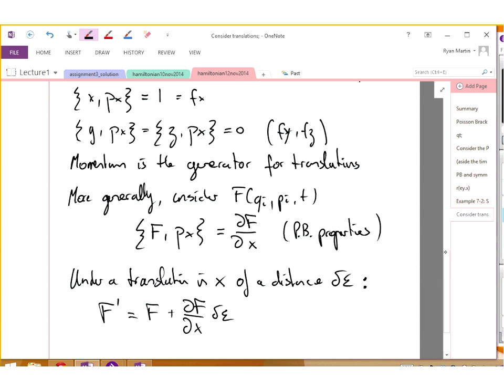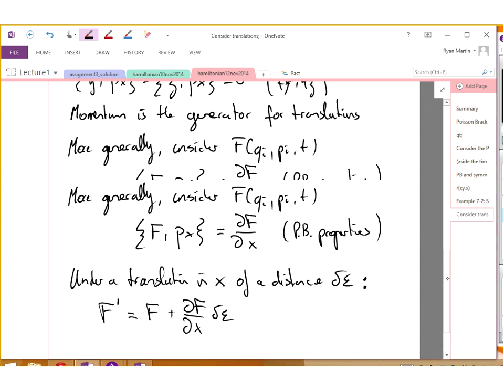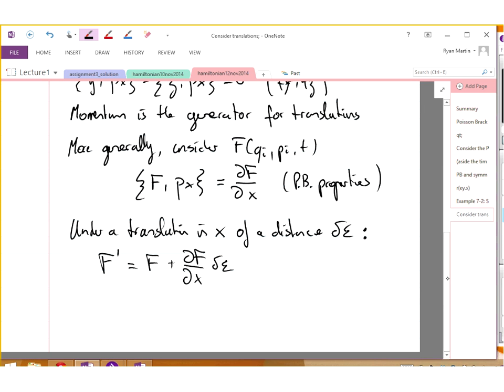If you translate the axes, then f prime will change this way. This is just the Taylor series, effectively. And so we find that the variation from that transformation, the delta f, is equal to df dx times delta epsilon, if you want to write out f prime equals f plus delta f.